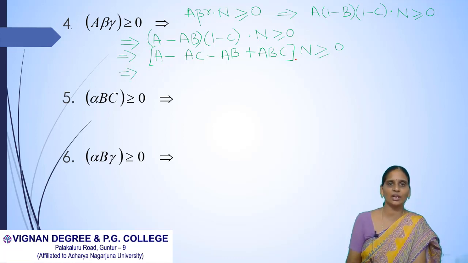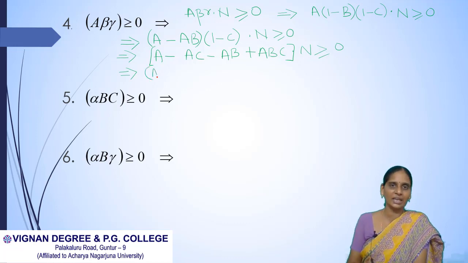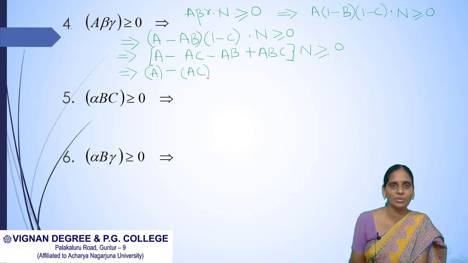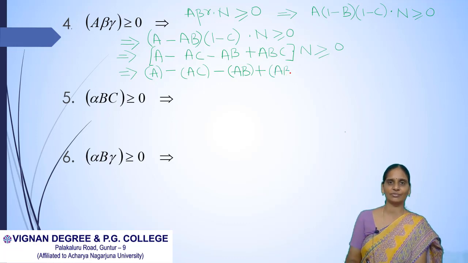In the next step, you have to multiply each and every attribute with N. We get A into N is frequency of A, minus AC into N means frequency of AC, AB into N can be written as frequency of AB, plus ABC into N can be written as frequency of ABC. So these are greater than or equal to 0.